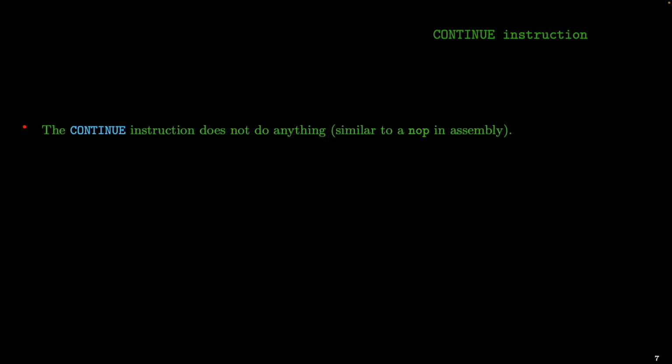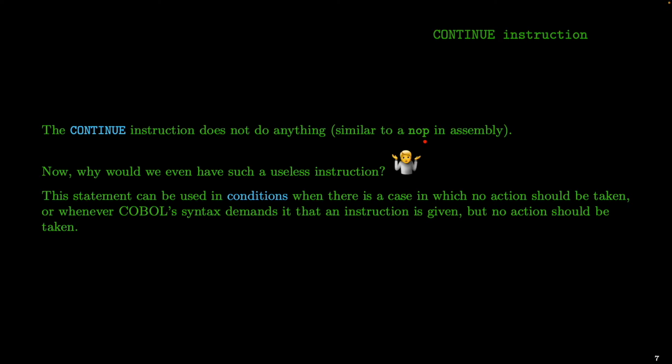Then we have the continue instruction, and this one simply doesn't do anything. So it's like a nop in assembly. Now you may ask yourself, why would we have such an instruction that doesn't do anything? This is mainly for readability, because sometimes we have conditional instructions where in some cases no action should be taken, but we still want to list that case for the sake of explicitness.